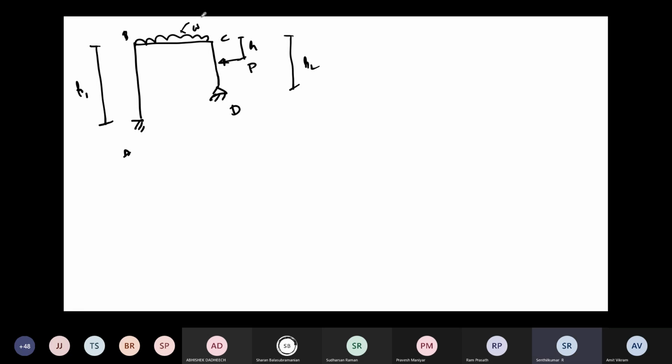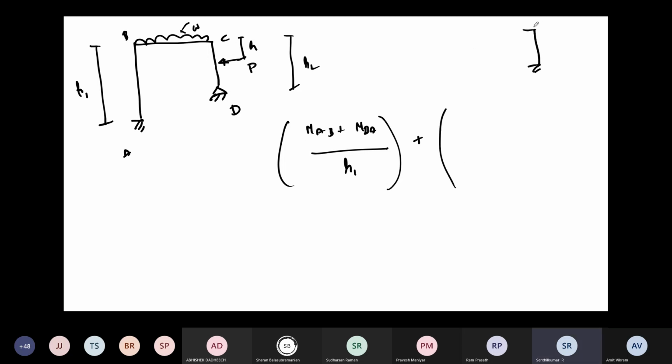So the first term you can easily write, no loading. So MAB plus MBA divided by H1. That component is over. Then for this component, just assume you are locking the support. So MCD plus MDC, right? Again, this will be in the clockwise direction. So plus P into H divided by H2. Then this P is in this direction, so minus x-axis direction. So minus P.